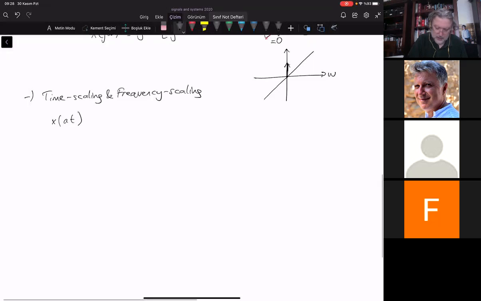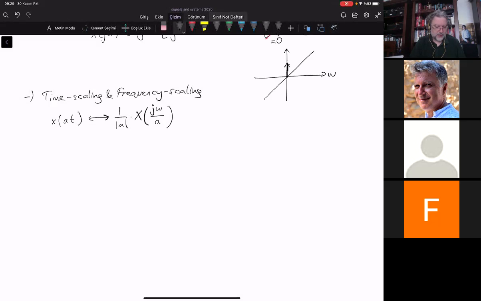Then its Fourier transform, first of all, there's a scaling factor that scales the magnitude of the Fourier transform. Forget about that for the time being, but it's there, times capital X of j omega divided by a. So I'm multiplying t by a, therefore I'm dividing omega by a. Okay, they go in inverse proportions.